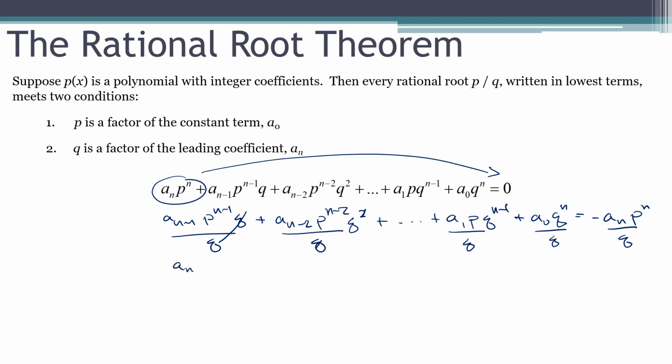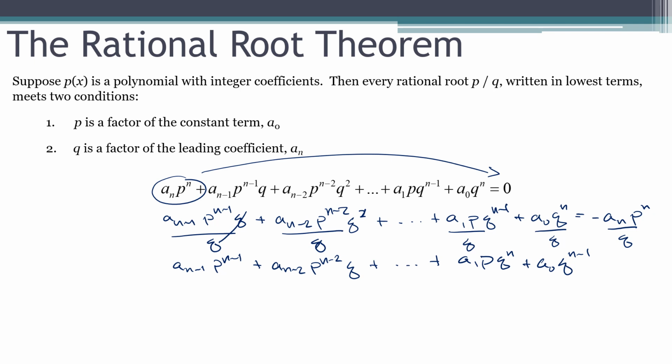I get a n minus 1 p to the n minus 1 plus a n minus 2 p to the n minus 2 times q plus all the way out here a1 p q to the n minus 2 plus a0 q to the n minus 1.